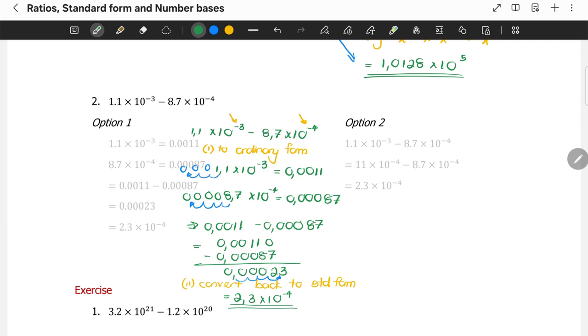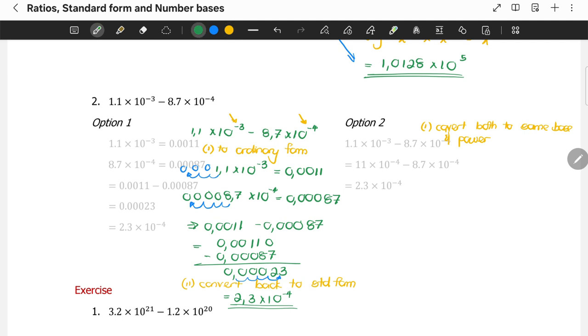Perfect. And if you want to do it the other way around, where you convert them both to the same base and the same power, so we start by converting both to the same base and power.